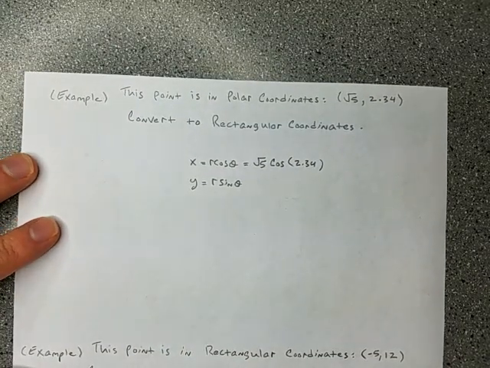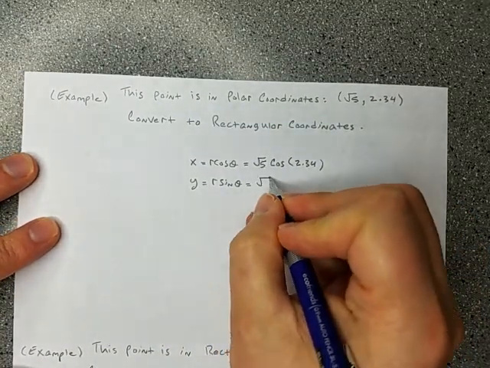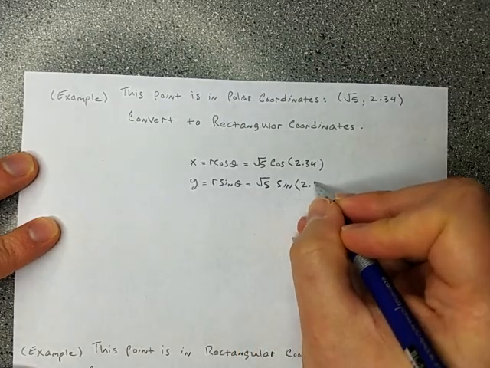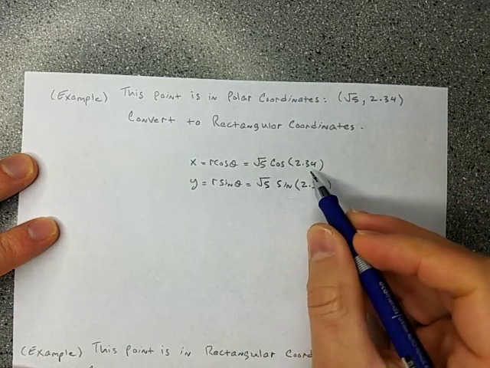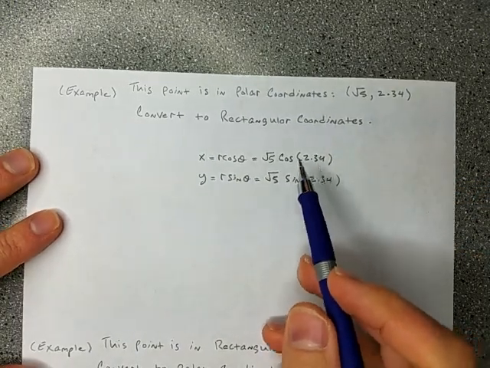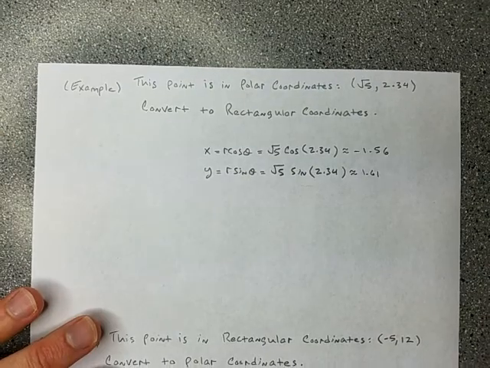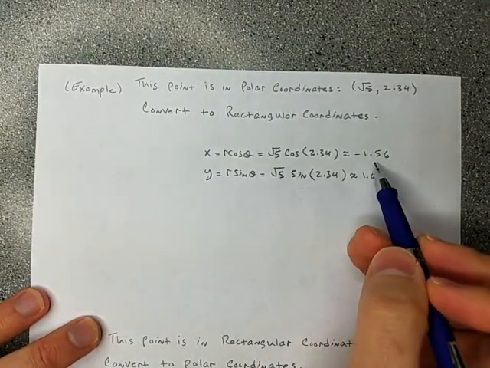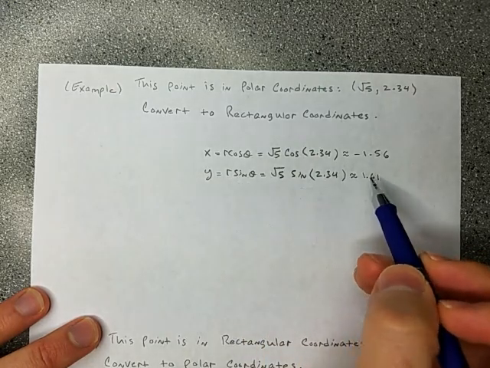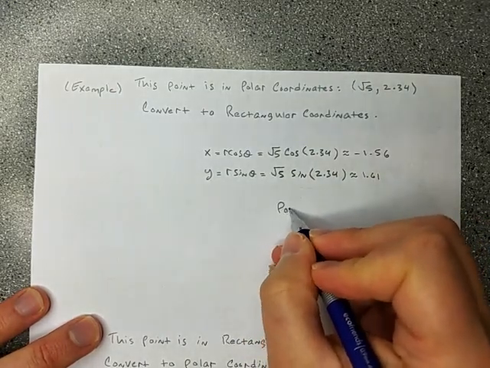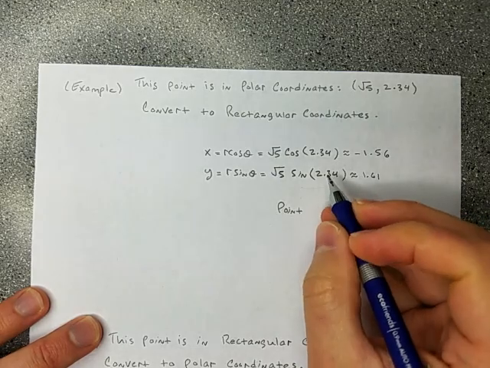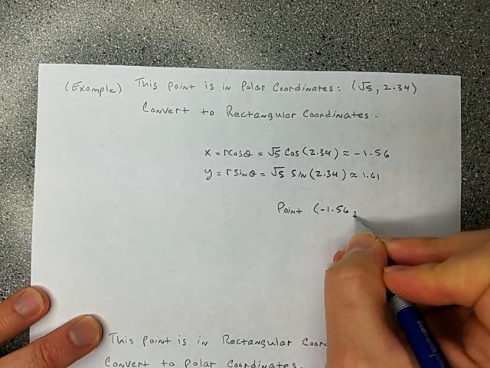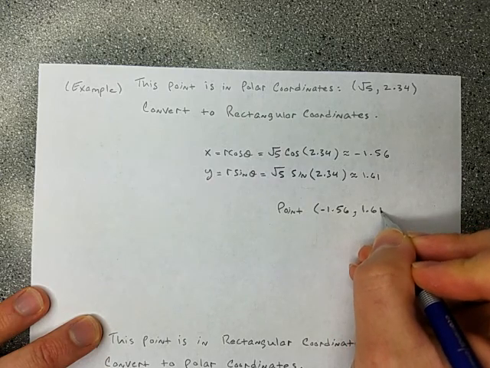And then y is going to be root 5 times sine 2.34 radians. Of course, we'll have to make sure that our calculator is in radians. With my calculator, I got x to be negative 1.56 and y to be 1.61. So my point in rectangular coordinates is going to be negative 1.56 comma 1.61.